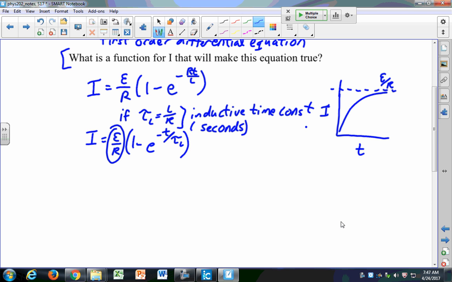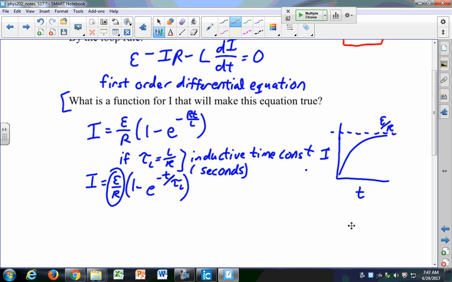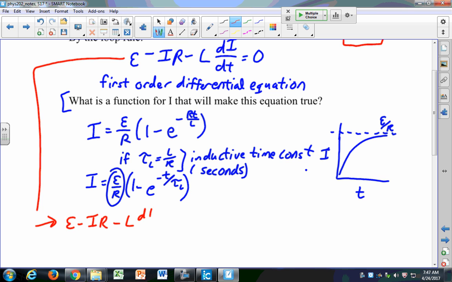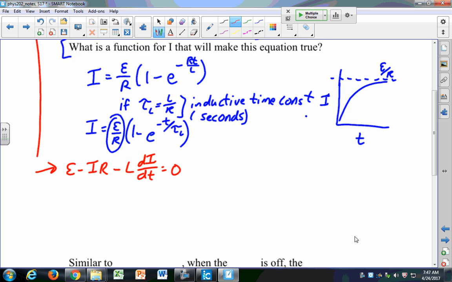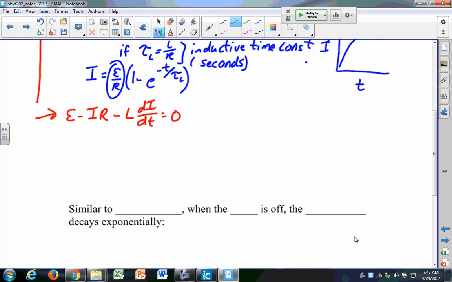Let's show that this is true. So beginning with my loop rule, I have E minus IR minus L di/dt equal to 0. You'll do a similar thing for your take-home, but it's going to be a second-order equation instead of a first-order.